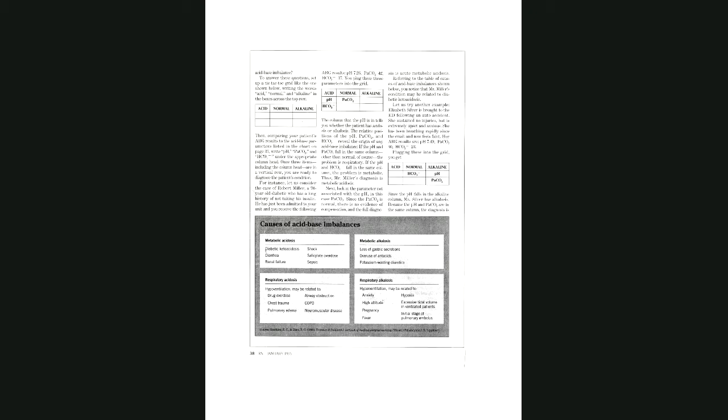Okay. Metabolic alkalosis would be like vomiting or hypovolemia, stuff like that. And then you have your respiratory acidosis. It's where you hold on to CO2 too much, and it shows you on there COPD.